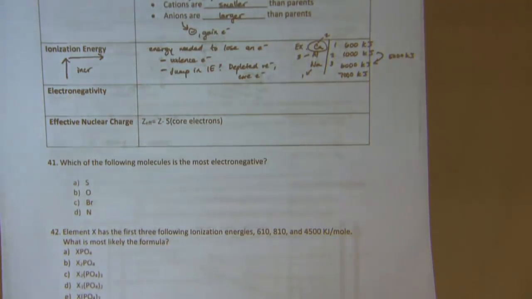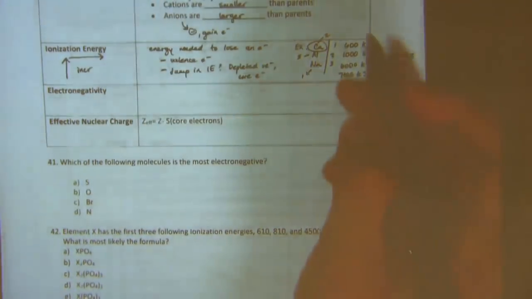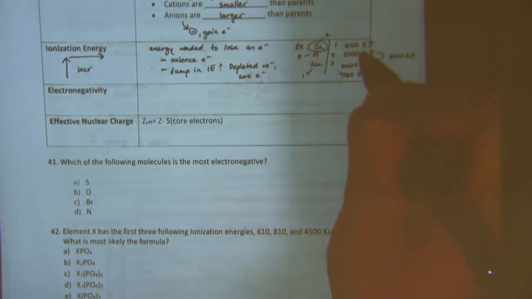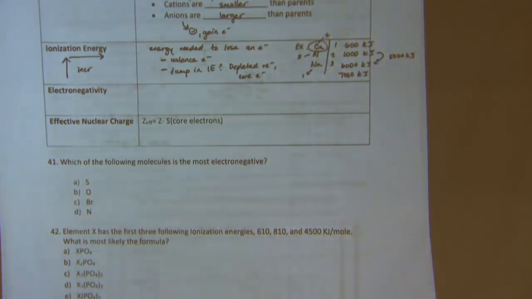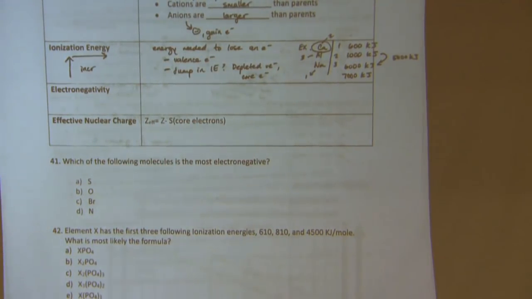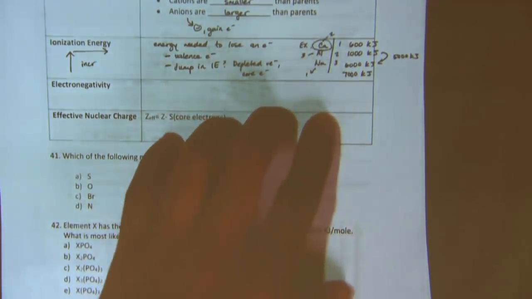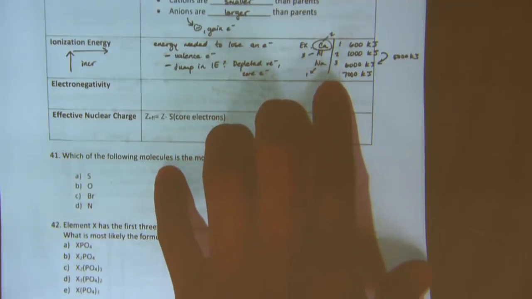Yeah? Why did I choose calcium? Really good question. We looked at the given ionization energies, and the biggest gap was from the second ionization energy to the third ionization energy. Basically what that's saying is that when we ionized the third electron, that was part of the core electrons. So basically what these tell us is how many valence electrons the atom of interest has.